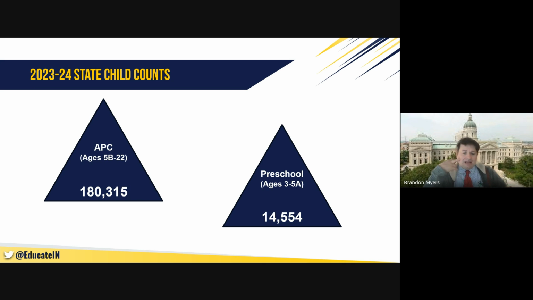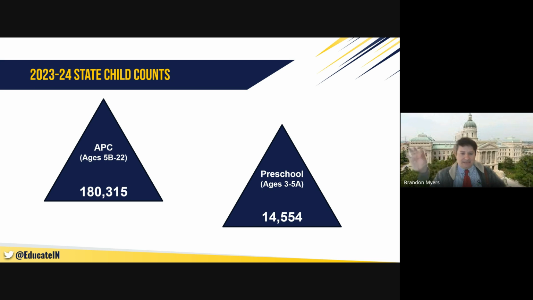Our APC count last year was 180,315. So that would include any child that was receiving services through one of those four categories: CSEP, ESA, and then the big one, IEP, and the next biggest one, service plan.